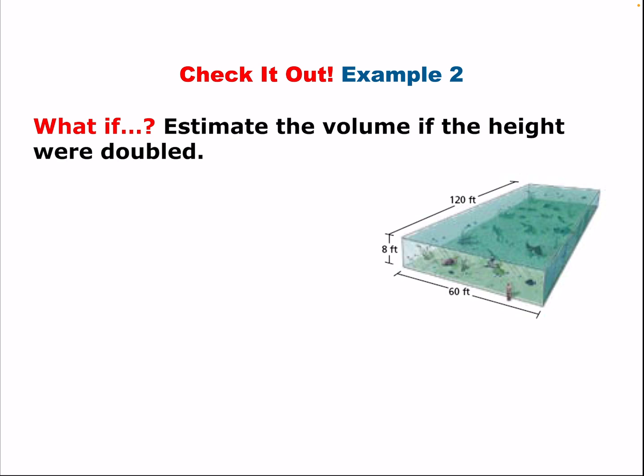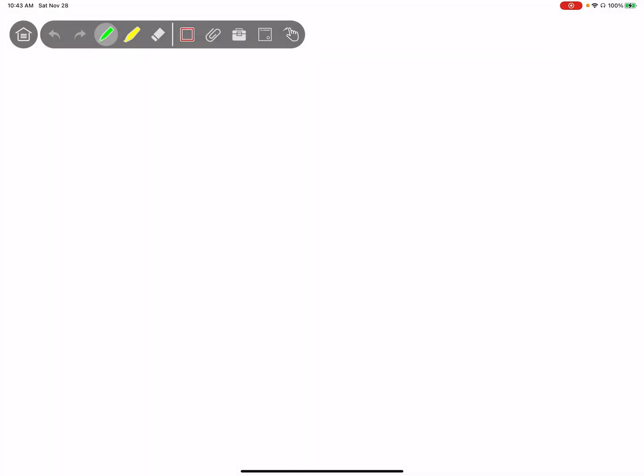Well, let's compare the two. Those were when I had 120 times 8 times 60. I get 57,600, and I believe it was feet cubed.